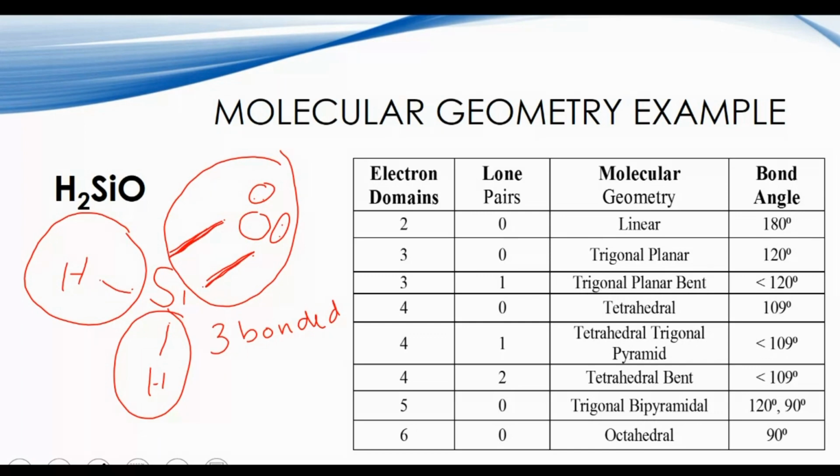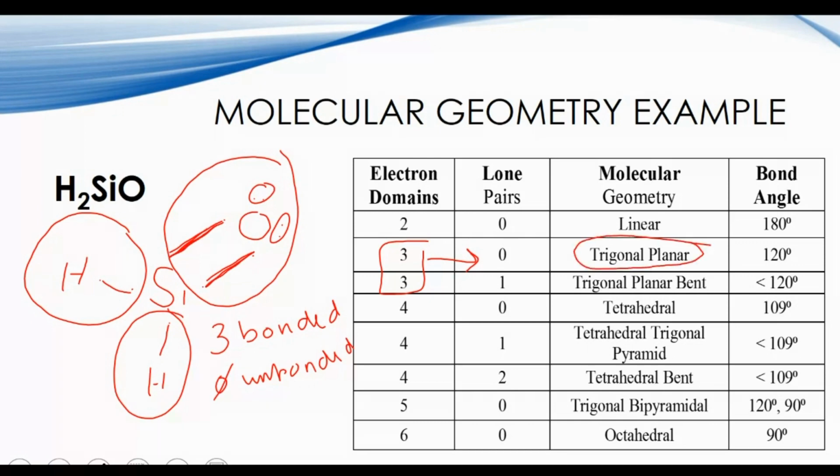So again, we're only looking at the central atom and the bonded or unbonded electrons that it has. So here it has a total of 3 bonded and no unbonded. And again, that's on the central atom. So we're looking at 3 domains, specifically the one that has no electron pairs. So this particular molecular geometry will be trigonal planar.